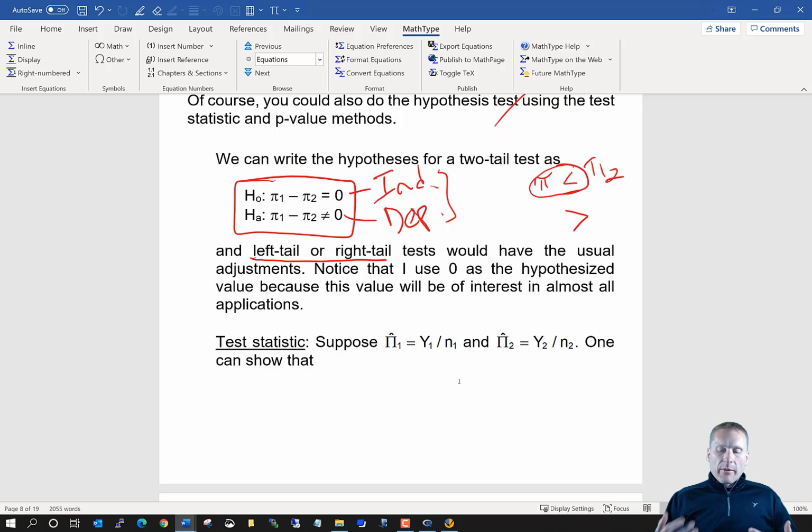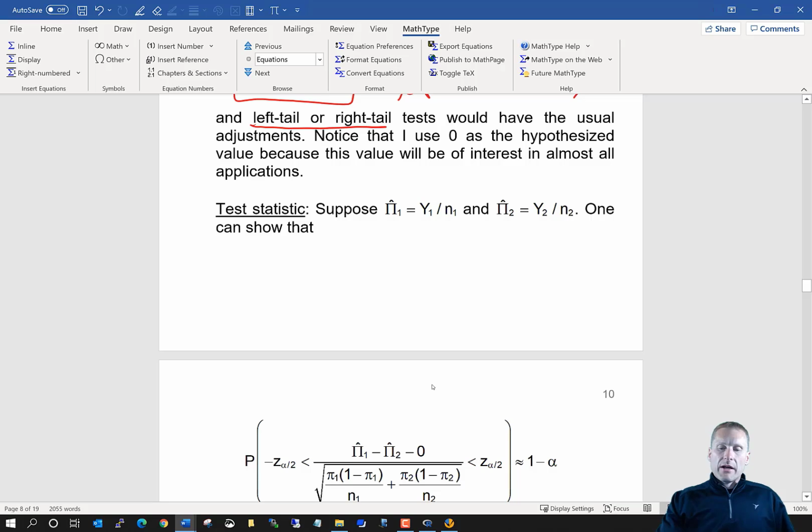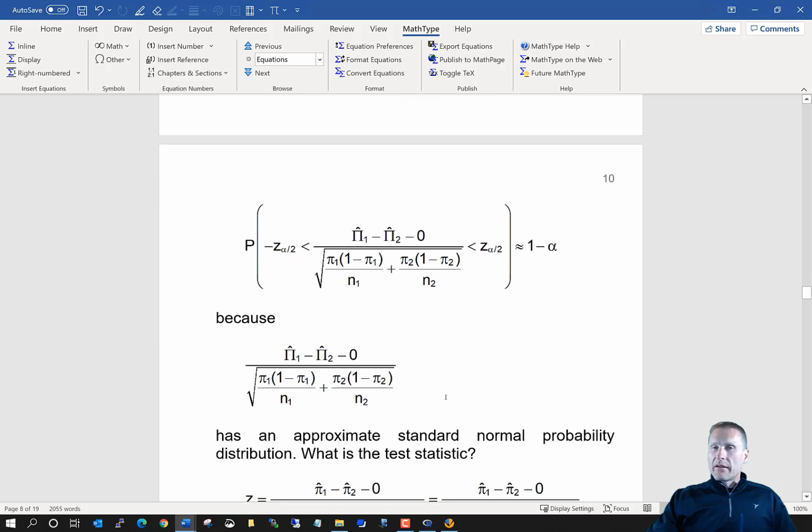In terms of the test statistic itself, if we think of pi hat 1 as a random variable that varies from one sample to the next, and pi hat 2 as a random variable that varies from one sample to the next, then we make a similar statement as we've done many times before.